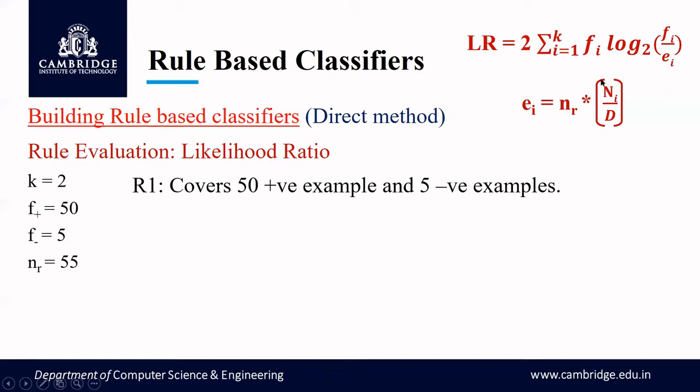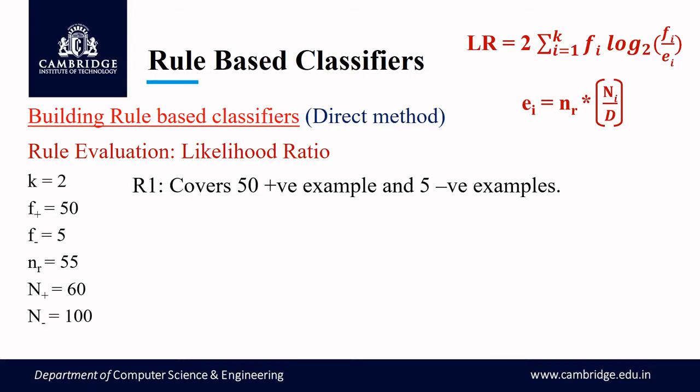And ni. What is this ni here? Ni is, in the training set, the total positive class and total negative class that we have. So ni becomes n plus and n minus in this case. N plus is 60, because in the training set we have 60 positive records and 100 negative records, so n minus will be 100.